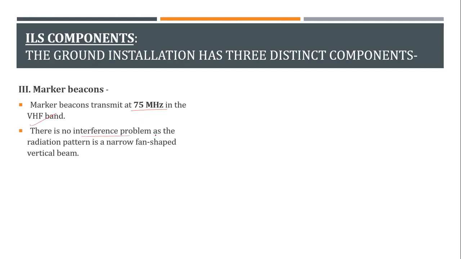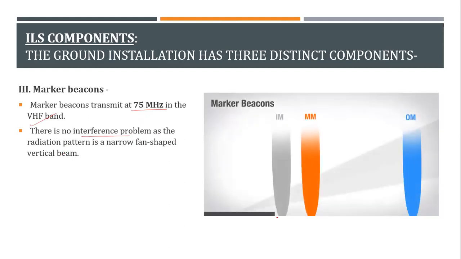There is no interference problem as the radiation is transmitted in areas which are shaped like a fan. As you can see on the screen, there are 3 different marker beacons present at different distances. The first one is your outer, then middle, and finally your inner.